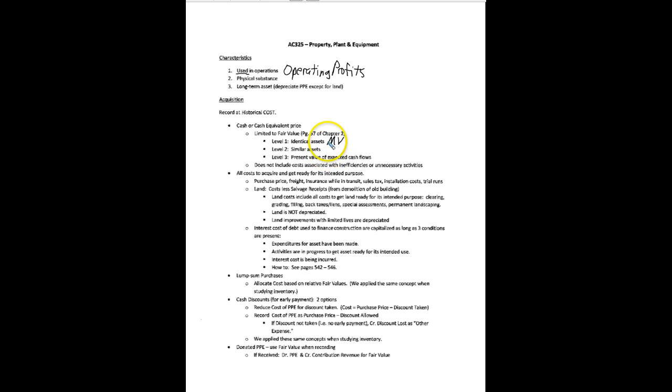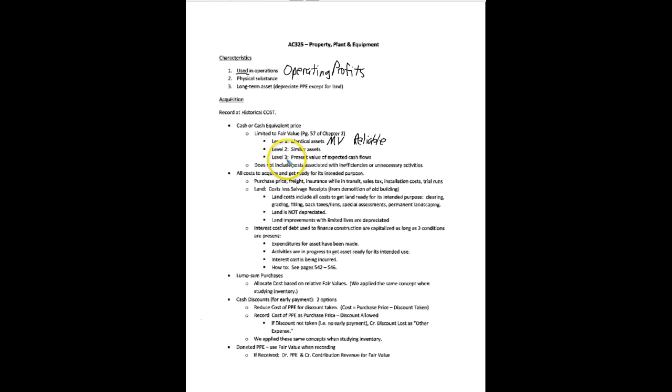It's not as reliable as if we had an identical asset, like publicly traded stock with a market value. Using the market value of publicly traded stock is very reliable. Second would be a secondary market, like used cars.